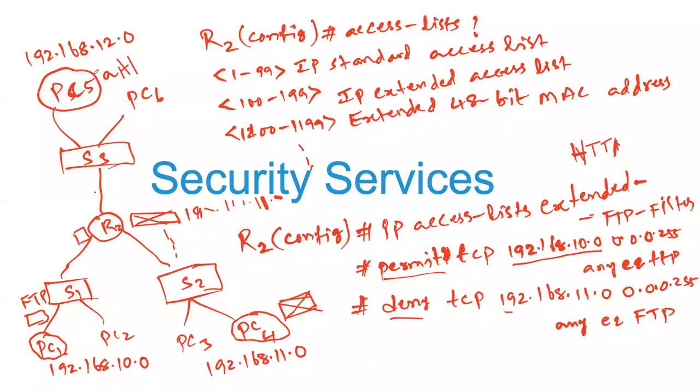Based on its IP address, those packets will simply be dropped by router R2 and will not be forwarded towards PC1. That way you secure the private network as well as the public network.